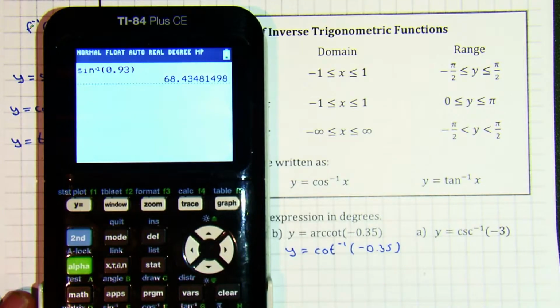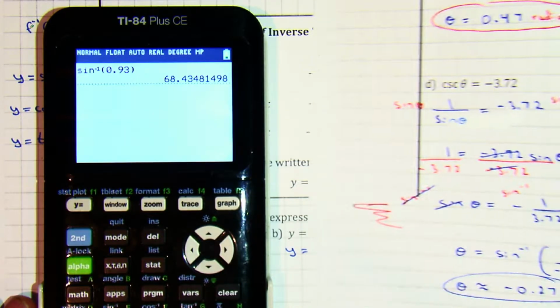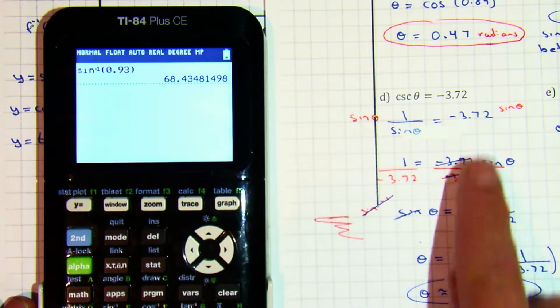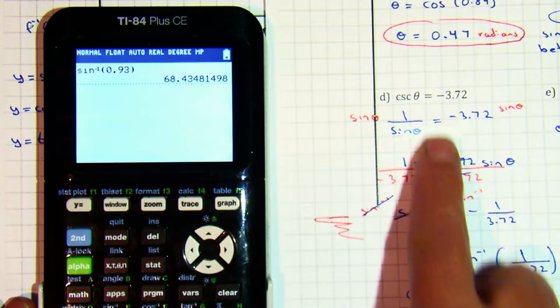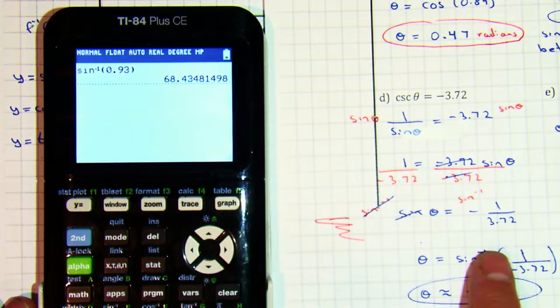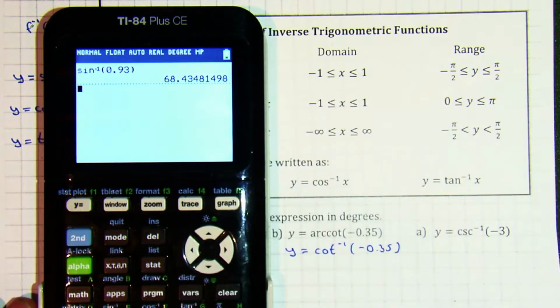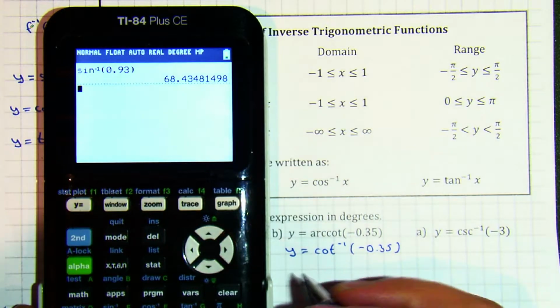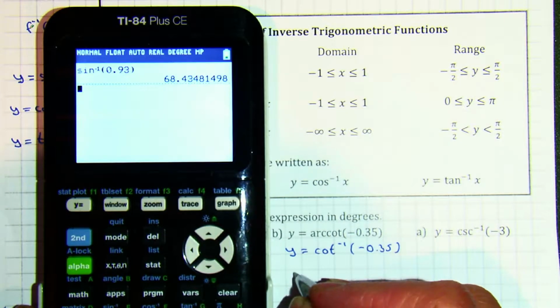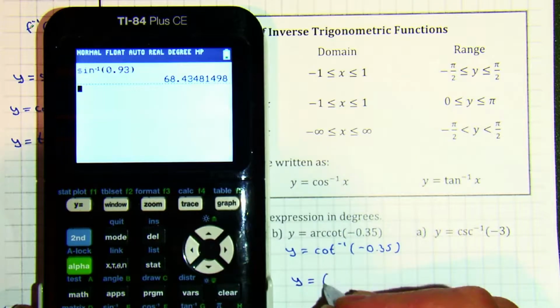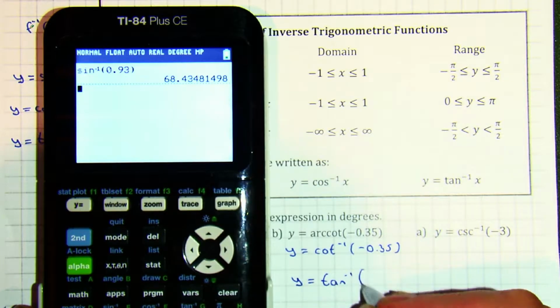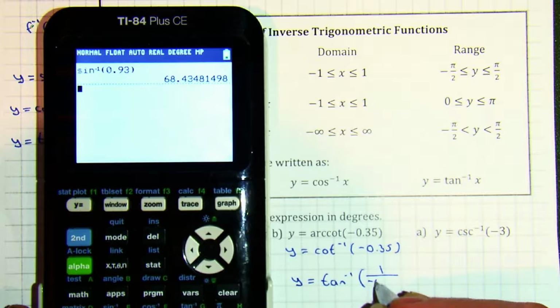If you go back to your 9.6 notes on example number 3D, we went through the process of how to rewrite it from here to this notation, right? So therefore, to type into your calculator, we can rewrite it as the tangent inverse of 1 over negative 0.35.